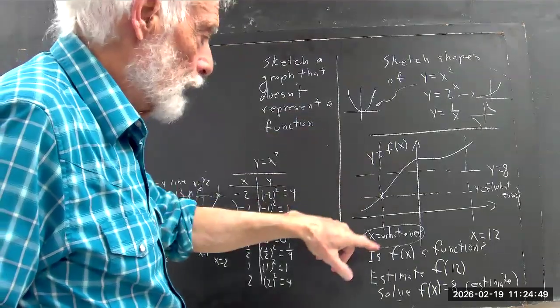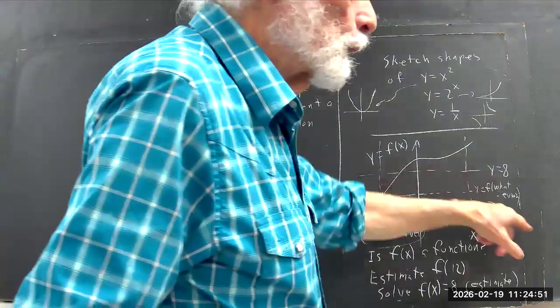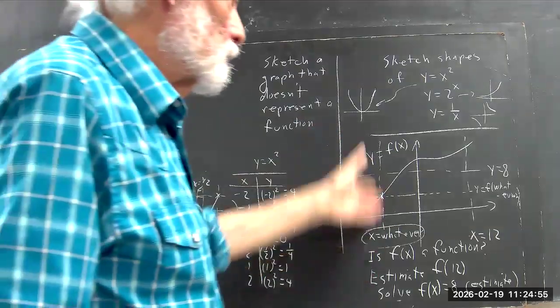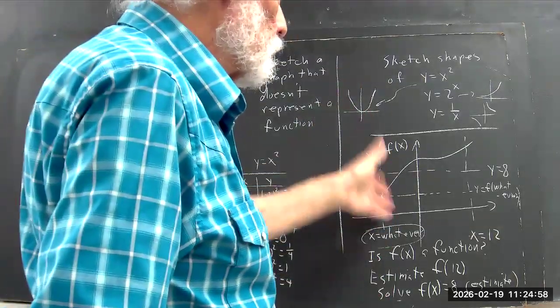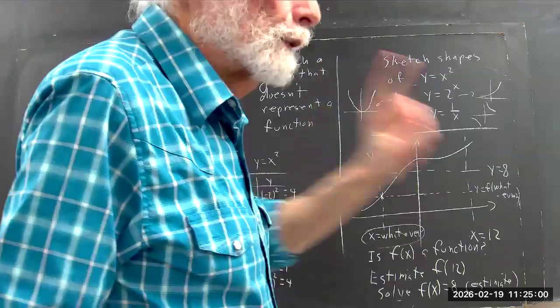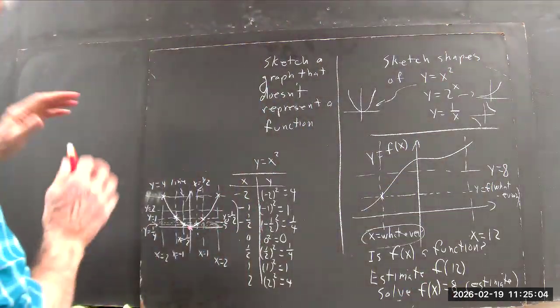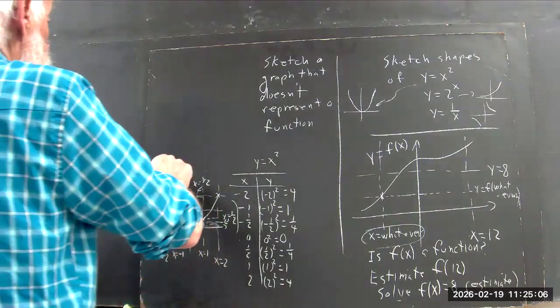So there's always an answer to what is f of whatever number you want to put into it. It's a vertical line test. Any vertical line that you draw hits the graph just once. So that's something you really need to understand.